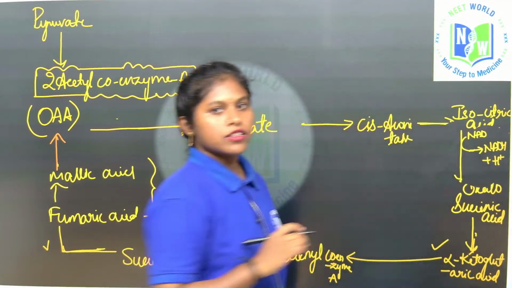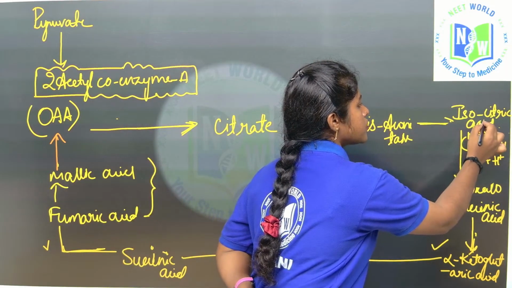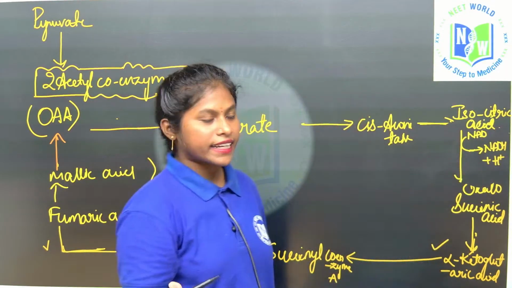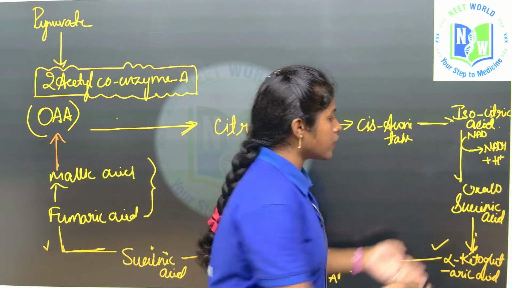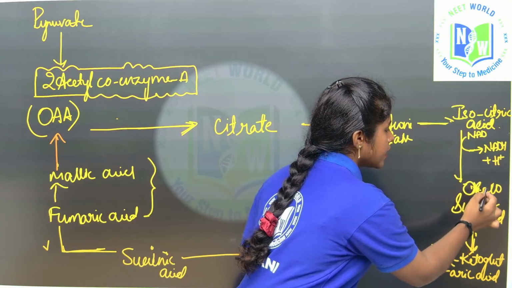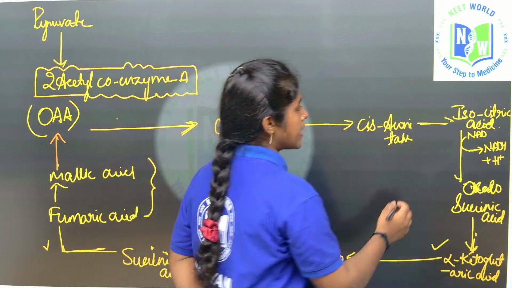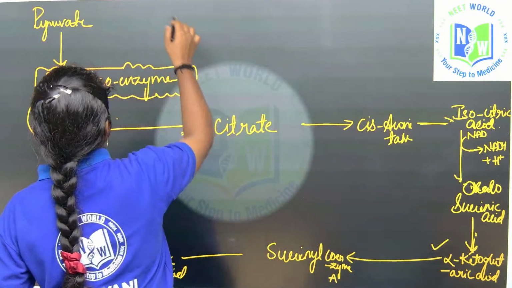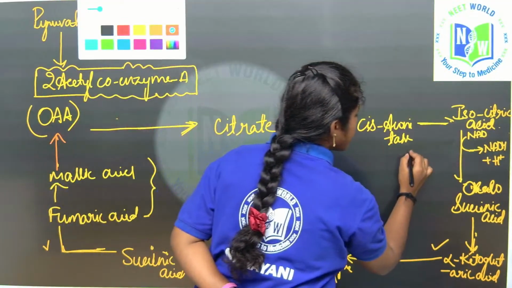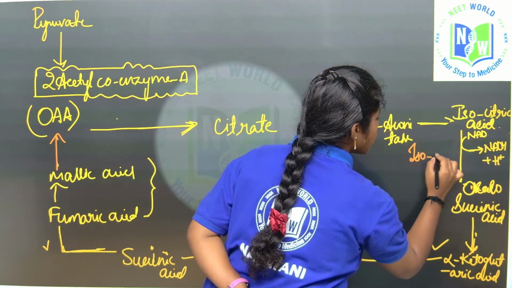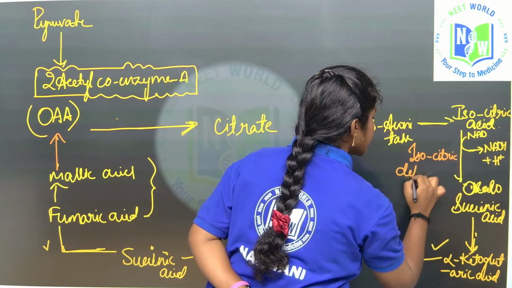Okay, got it? So here one reducing equivalent is produced, which means isocitric dehydrogenase enzyme is acting, because when isocitric acid is converting into oxalosuccinic acid, only then it forms the reducing equivalent. That is the enzyme name: isocitric dehydrogenase enzyme.